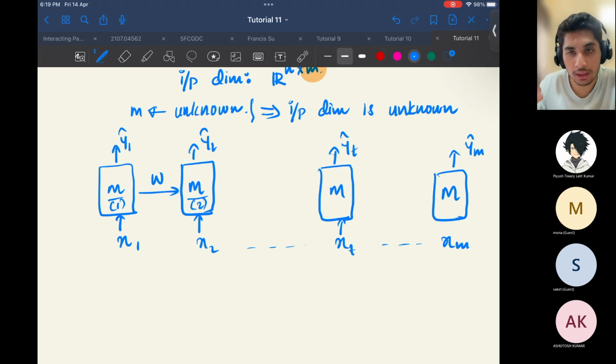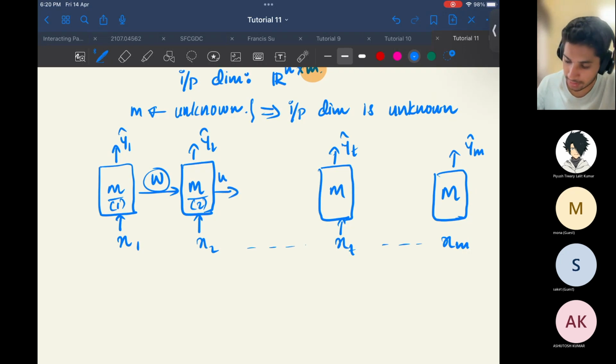This is the same model, however it is designed in such a way that it will take some information from the previous state by using this parameter W. This is a brief idea that a recurrent neural network uses.